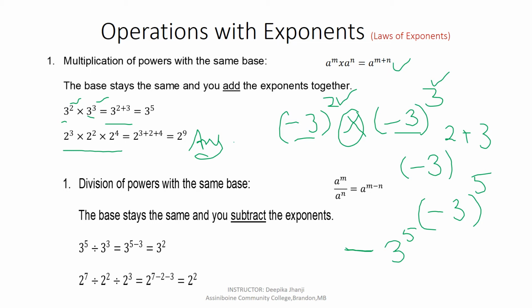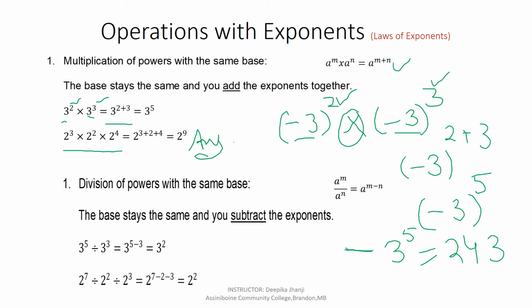So I have only 3 raised to power 5. You can calculate 3 raised to power 5. So you'll input 3 in your calculator and then use the feature y raised to power x and then input 5. You will get 243. Right? That's your final answer.